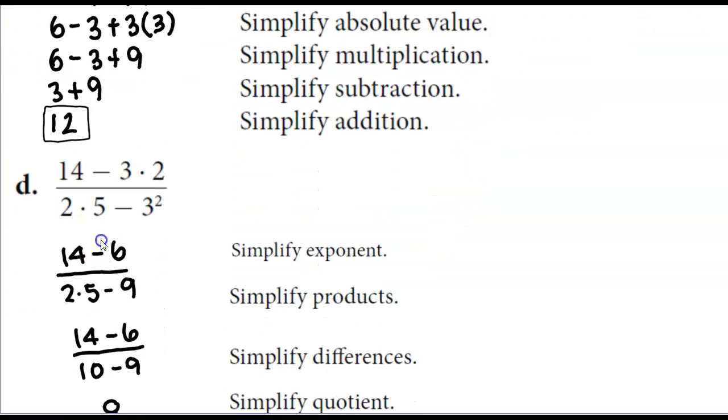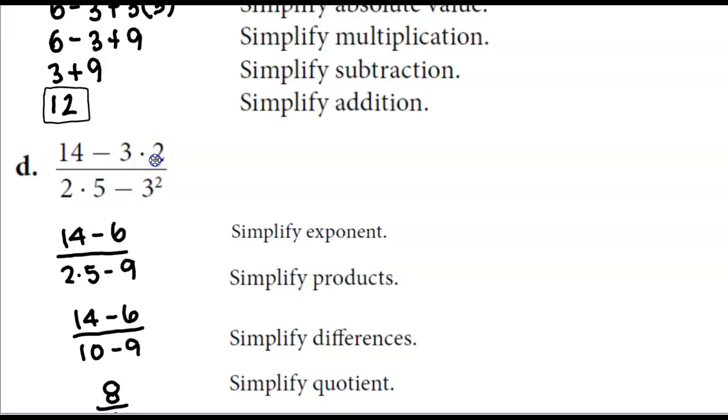Next, we have 14 minus 3 times 2 divided by 2 times 5 minus 3 squared. So in the numerator, we're going to treat the multiplication first. In the denominator, we're going to treat the exponent first, and then the multiplication.